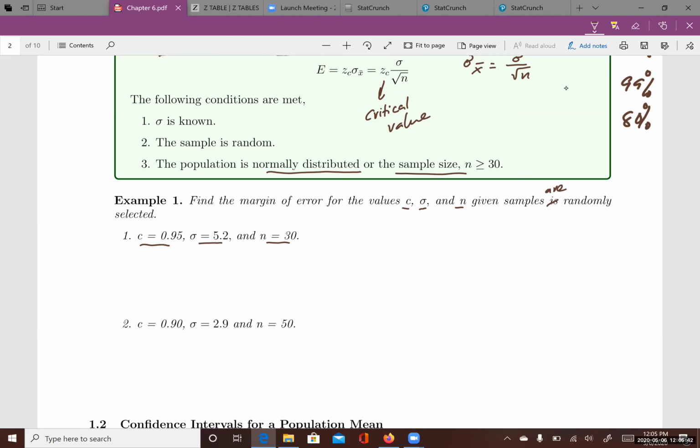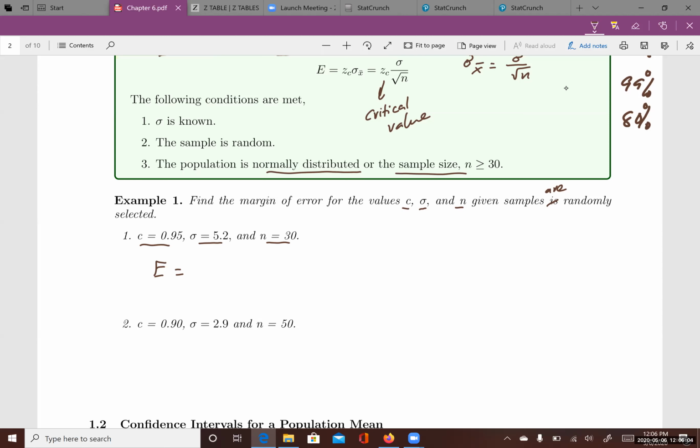What is E? Using the formula, we know that the samples are randomly selected. We know that sigma is known, and we know that the sample size is 30. So the three conditions are satisfied, and we can go ahead and use this formula.